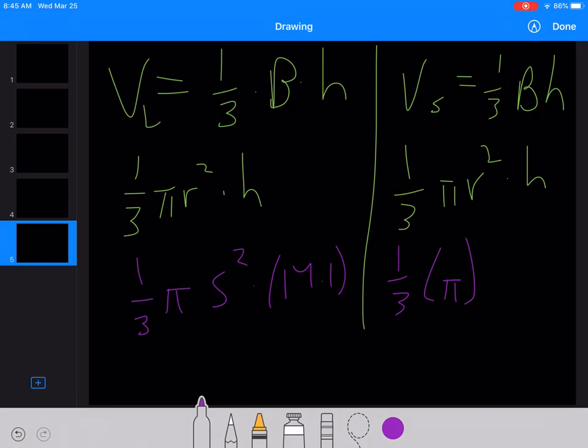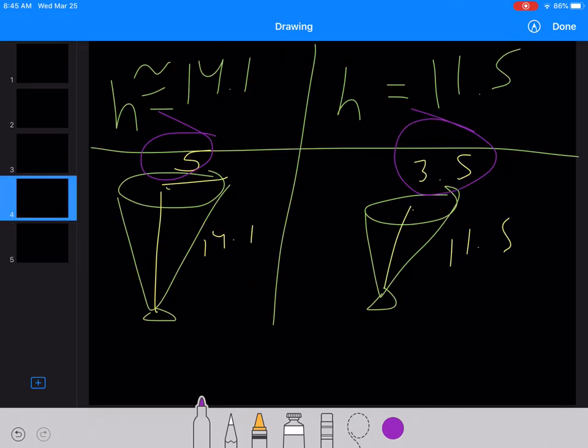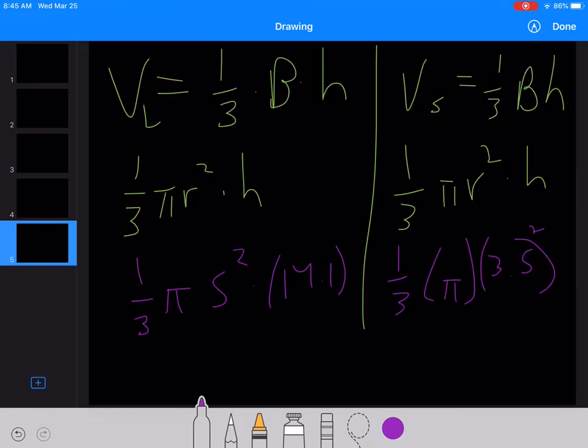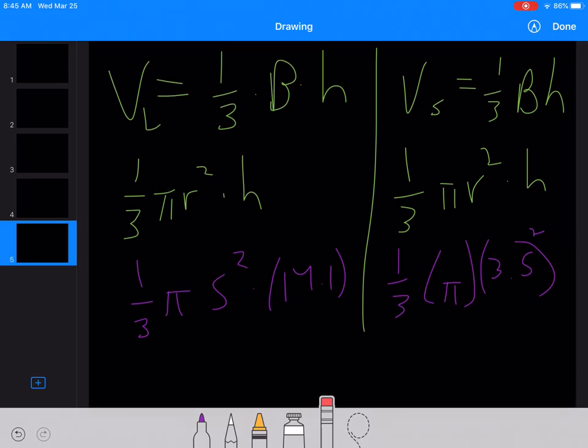And r was 3.5 for that one, so it's 3.5 squared, and h was 11.5. That's our h.